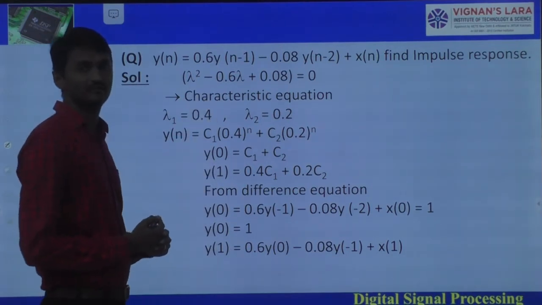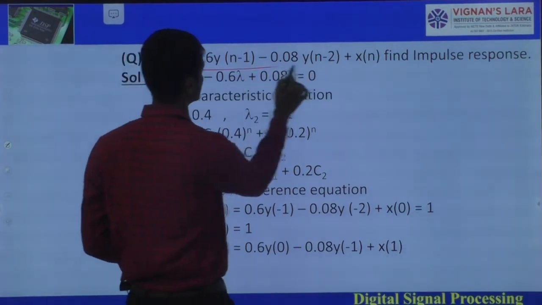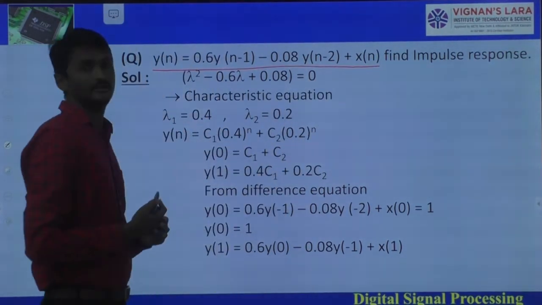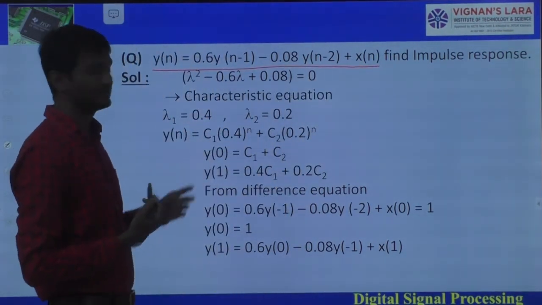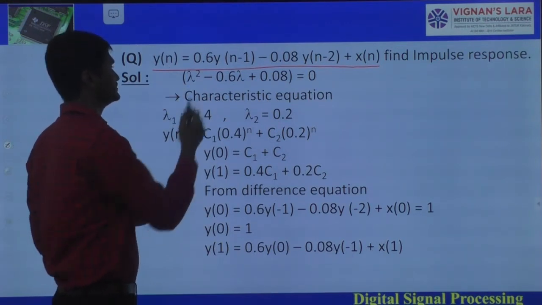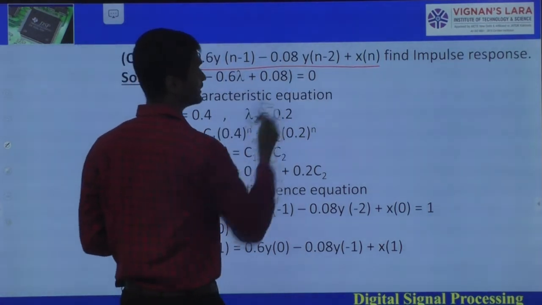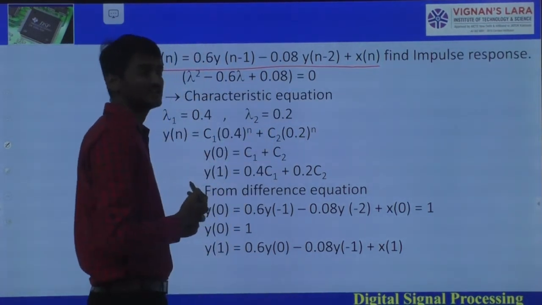Let us solve an example for this impulse response. Here a second order difference equation is given: y of n is equal to 0.6 y of n minus 1 minus 0.08 y of n minus 2 plus x of n.